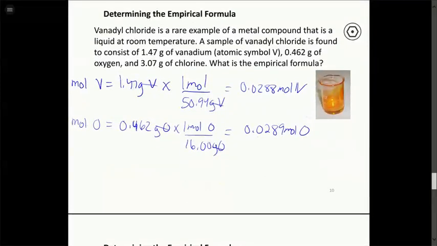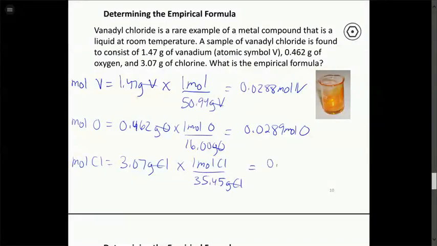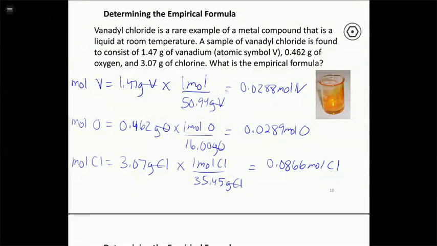And then finally for chlorine, the moles of chlorine, we have 3.07 grams of chlorine. From the periodic table, the atomic mass of chlorine is 35.45, so we divide by that to get the number of moles. So we have 0.0866 moles of chlorine. Alright, so this is the number of moles of each element in this sample of compound.